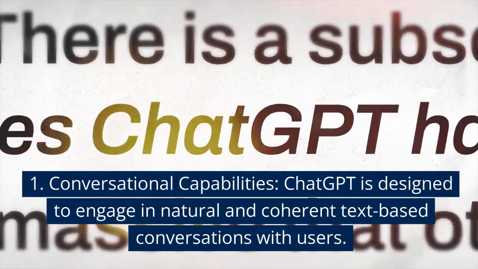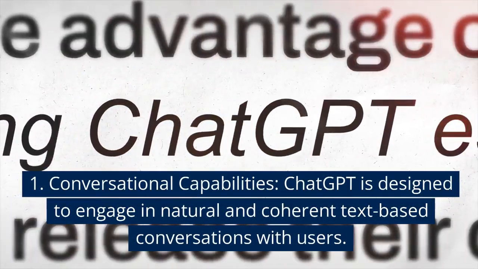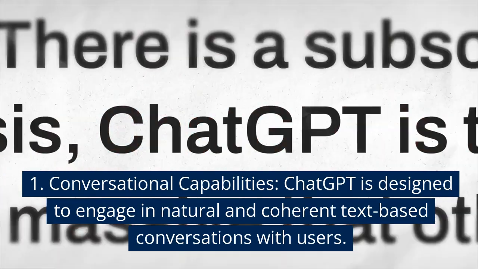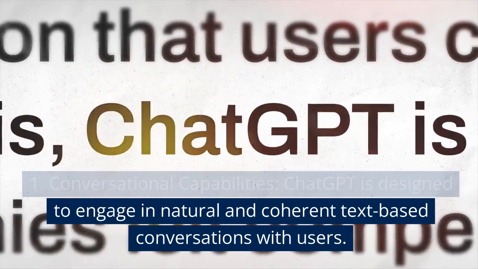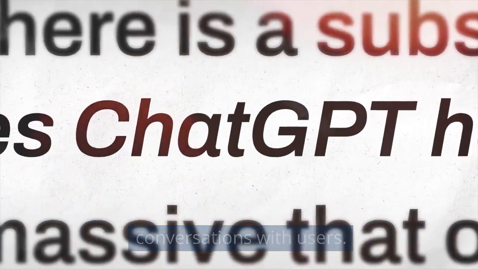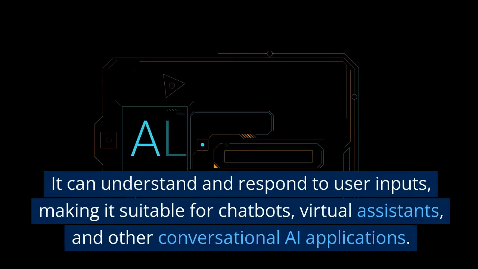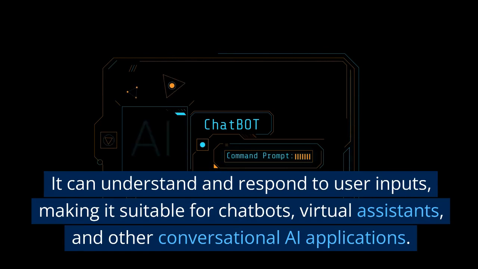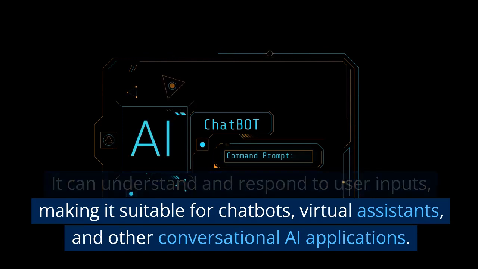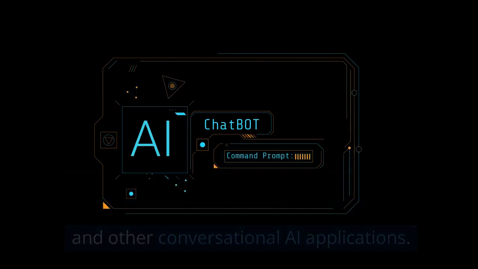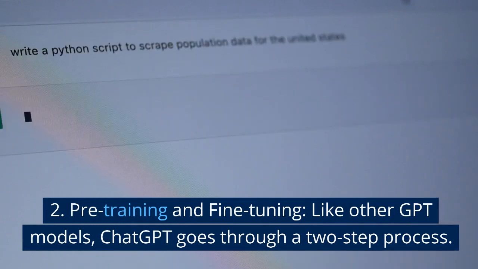1. Conversational capabilities. ChatGPT is designed to engage in natural and coherent text-based conversations with users. It can understand and respond to user inputs, making it suitable for chatbots, virtual assistants, and other conversational AI applications. 2. Pre-training and fine-tuning.